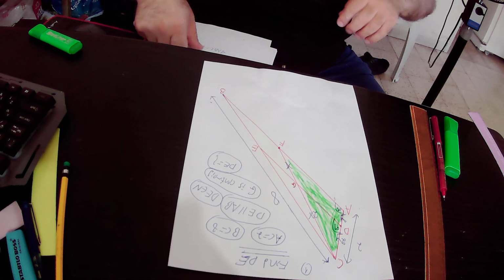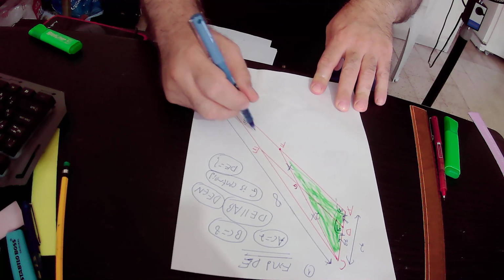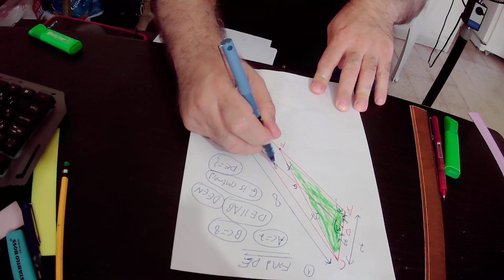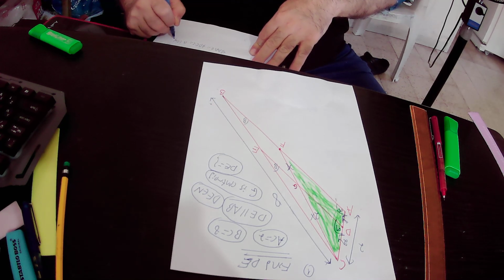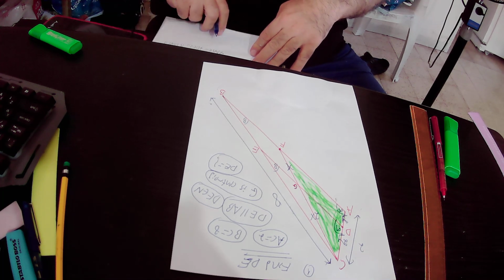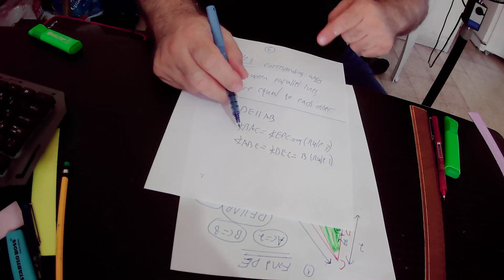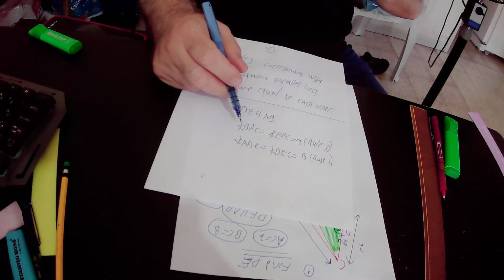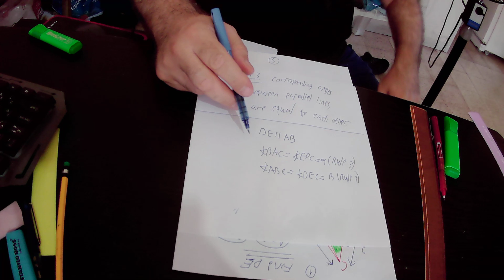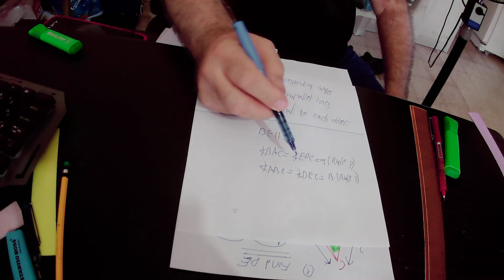And if one of the angles equals beta, then the other angle will also be equal to beta because those two angles are equal to each other.